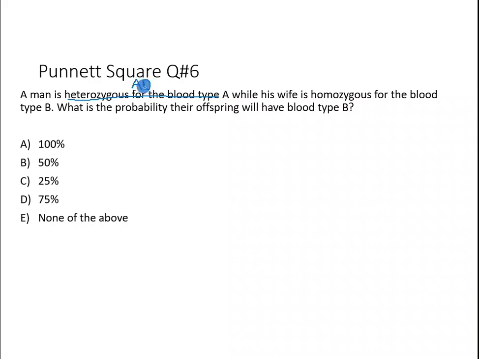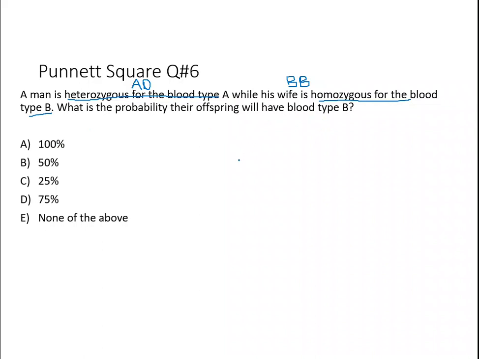He's heterozygous, so AO. While his wife is homozygous for the blood type B. So his wife's genotype is BB. Okay, so what is the probability their offspring will have blood type B?